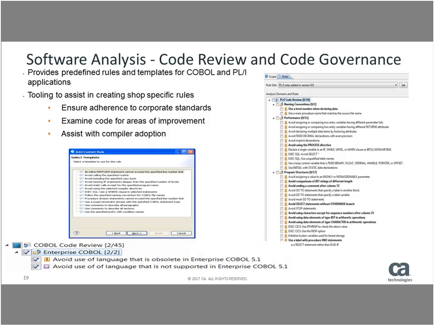Code review and code governance. As you probably know, different companies have different rules. So let's say that in your company you have certain standards, or there are certain statements or sequences of statements that you know perform badly, or you have some naming conventions that you need to make sure your developers are following, or you want them to follow.